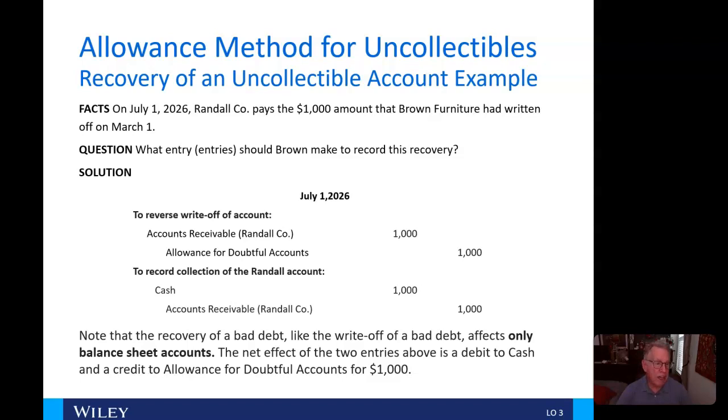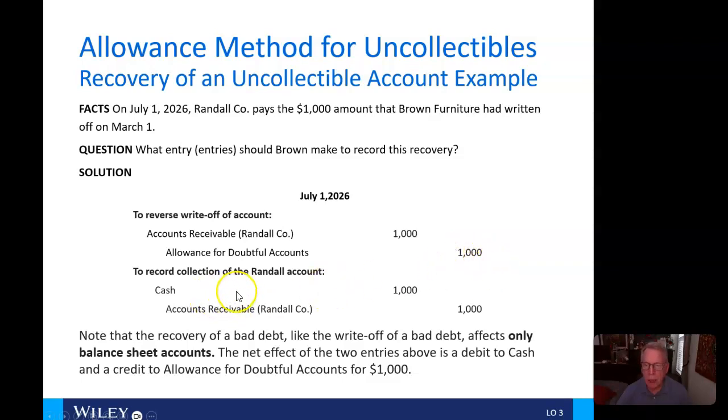Okay, now every now and then we get a customer that makes good, and in this case, Randall's going to pay the $1,000 that was previously written off. So what we need to do is put that receivable back up, first of all. So we put the receivable back up here, $1,000, and we credit the allowance for doubtful accounts, just like we did when we wrote it off.